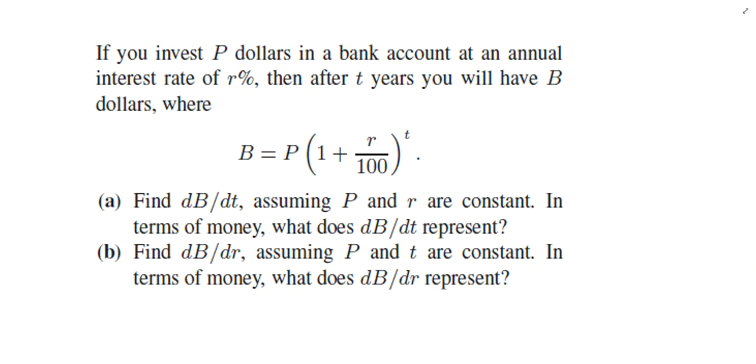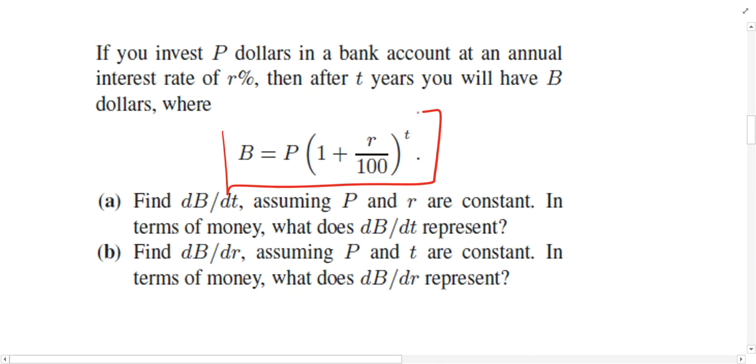Okay, and in this third example, if you invest P dollars, some identified value, in a bank account with an interest rate of R%, then after T years you will have B dollars in the account following this equation. Our objective in part A is to find the derivative of B with respect to T, assuming that P and R are constant.